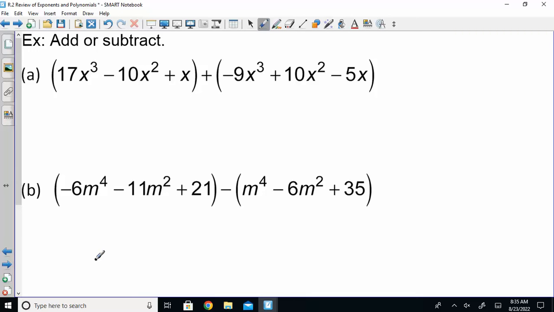So take a second and write this one down, and we'll see if we remember what we can do.